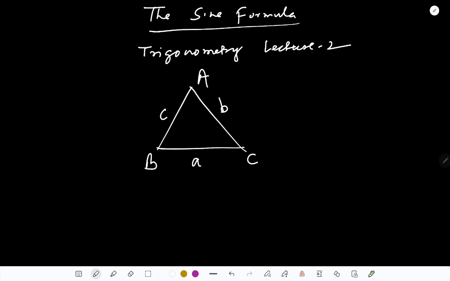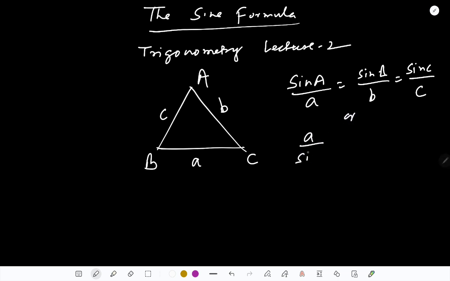Then the sine formula is simply sine A by a equals sine B by b, and that will be equal to sine C by c, or you can write it like this in the same manner: a by sine A equals b by sine B equals c by sine C.